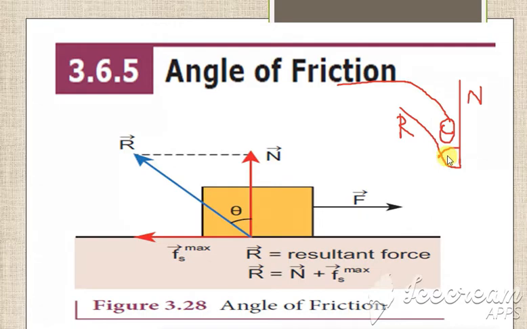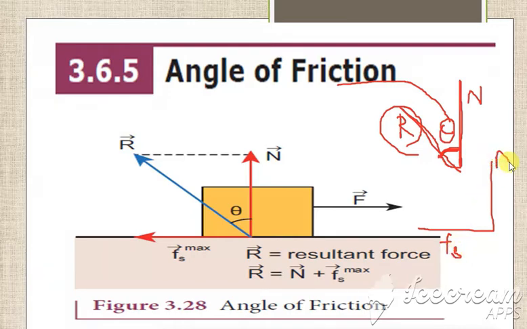We are saying that it is defined as the angle between the normal force and the resultant force. But where does this resultant come from? That resultant is between the normal force and the static frictional force.